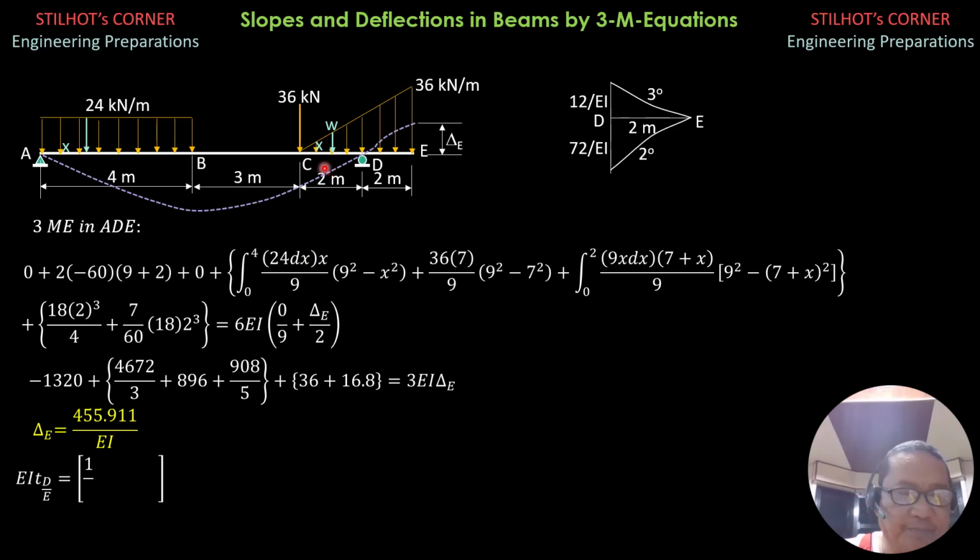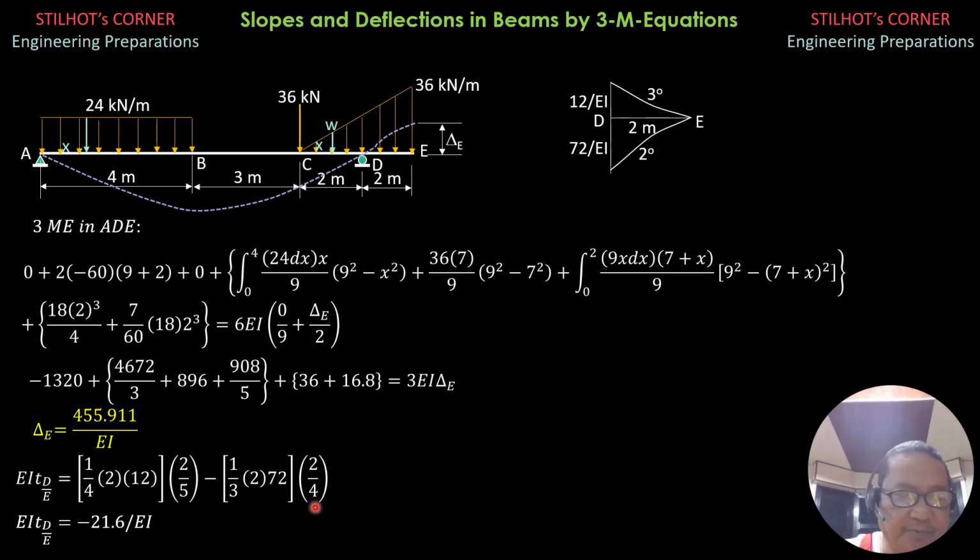EI deviation of point D relative to the tangent at E is the moment of area, so 1/4 of 2 times 12, then moment arm 2 over 5, then minus 1/3 of 2 times 72, that moment arm is 2 over 4.